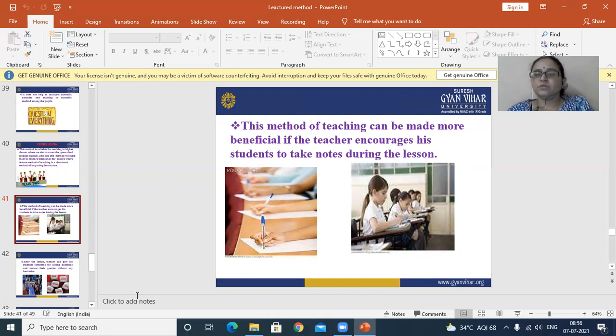So whenever a student takes notes during the lesson, he or she can use maximum senses, using the senses, listening with the ears, seeing with the eyes, writing with the hands. So we can use this to improve the lecture method, because whenever we use our maximum senses for learning, the learning is fast and retained in our mind.